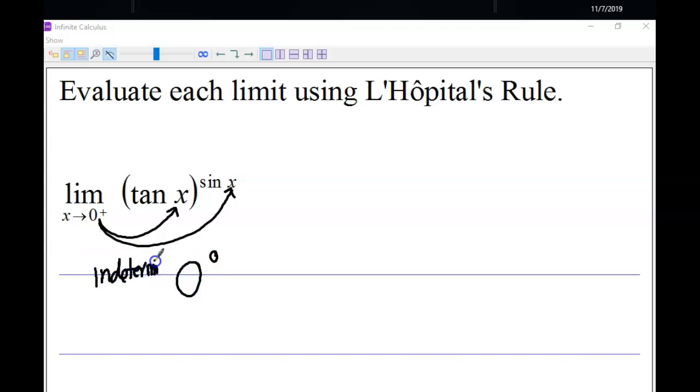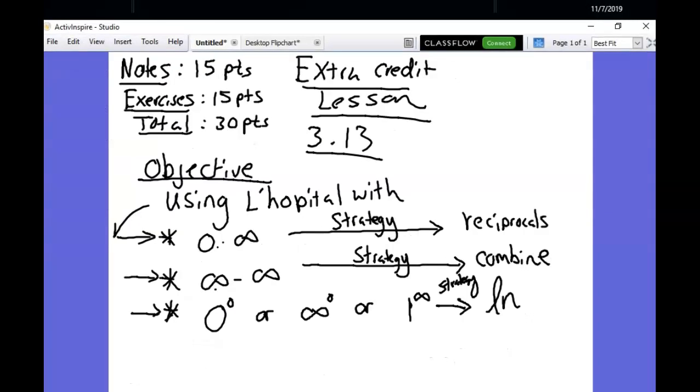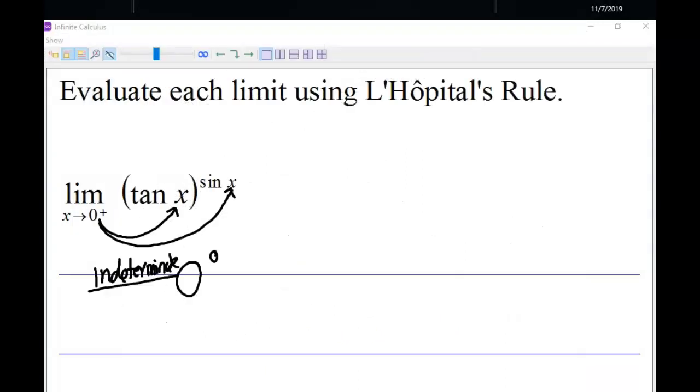Now when you have this situation, the way that you handle it is with an ln. So once again, going back to the beginning, our first problem we did this. Second problem we had this. Third problem we're looking at these kinds, where you have infinities and zeros with powers of infinity or 0 on them. So that's the last one. The strategy for that is ln. So I'll show you guys how these ones work.